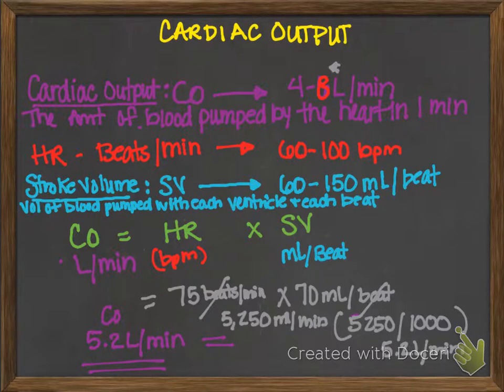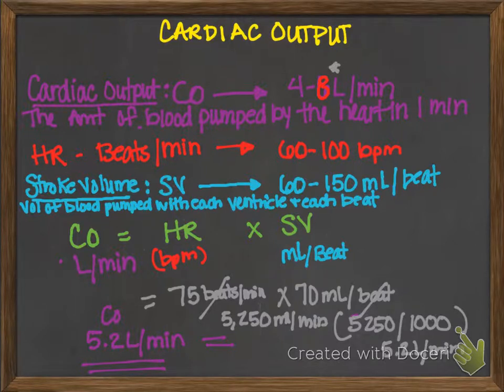Then your stroke volume, 60 to 150, and that might be in your book. So this one is not exactly by your book. It really depends on what book you're reading. I think even like Miss Burgess's videos, she might even say something different, 60 to 110 or something like that. But your stroke volume is 60 to 150 milliliters per beat. That's the volume of blood pumped with each ventricle.